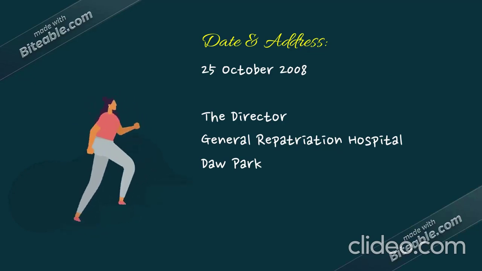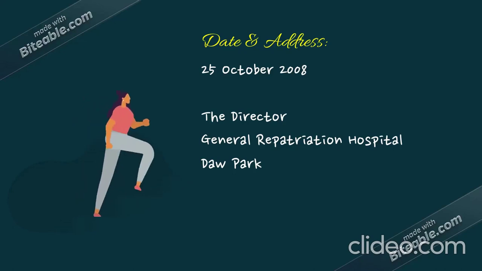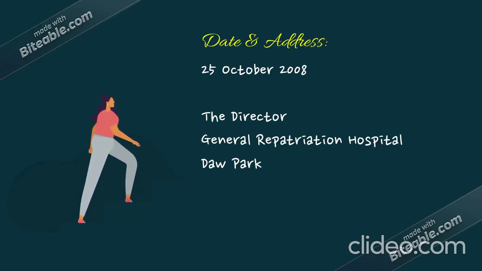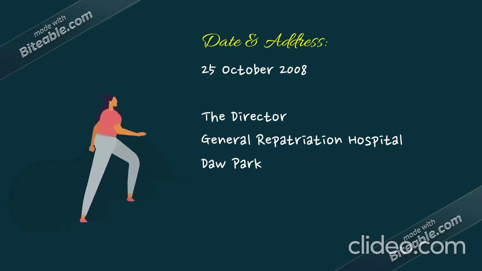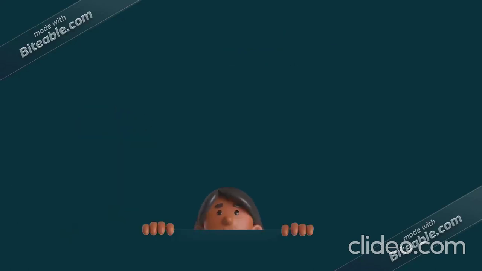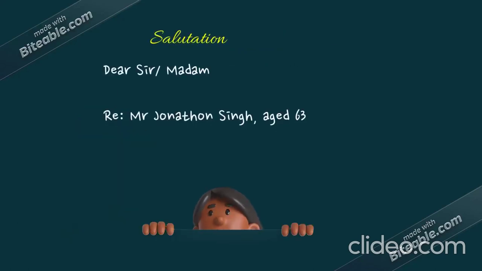So here is the tip to keep in mind: if the name is given for the reader, for example if the director's name is John Paul, we can write Mr. John Paul, then below it, Director. So if there is no name, you can write the Director. Salutation: Dear Sir or Madam, regarding Mr. Jonathon Singh, aged 63.